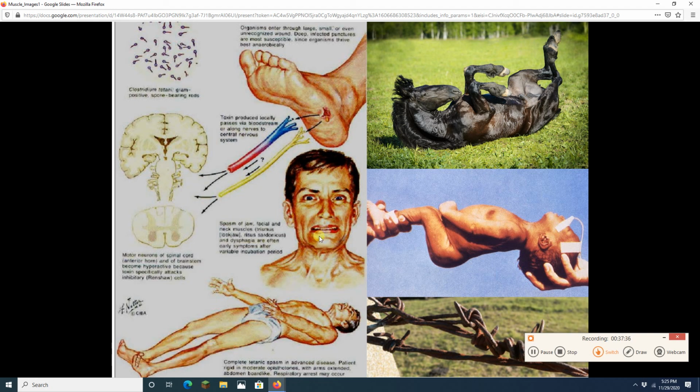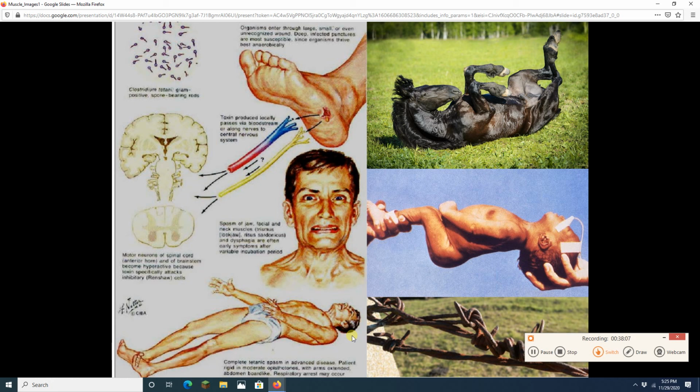This is called lockjaw. Think about what muscles would cause you to clench your teeth. The masseter, the temporalis. We can see he's contracting a lot of muscle here. His arms are contracting. He's in this spasm of contraction here.